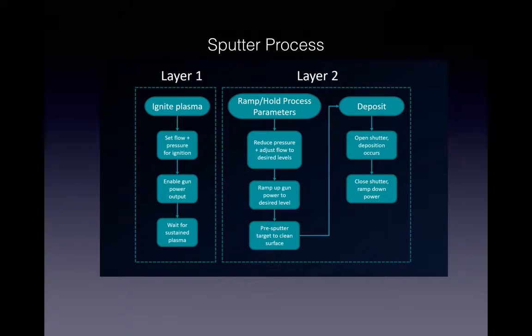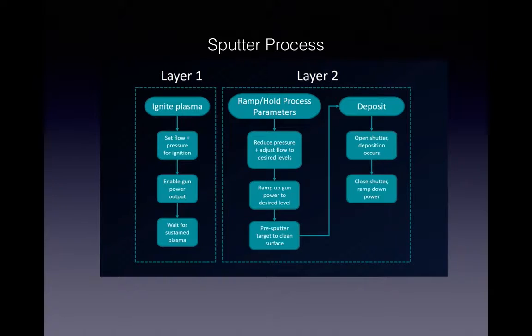So this is the basic sputter process. The process starts by igniting the plasma and then setting flow plus pressure for ignition, and then after that, you enable gun power output and wait for the plasma to be sustained.